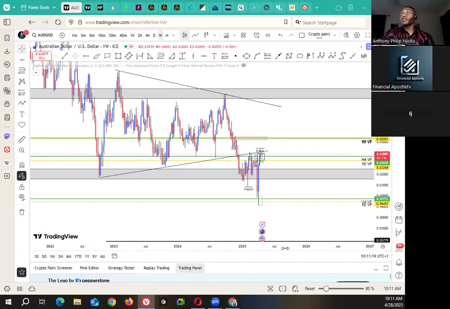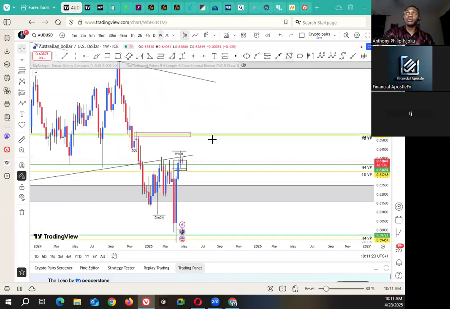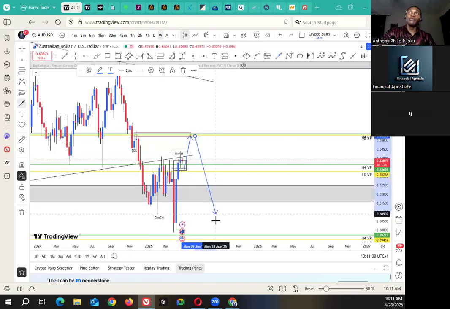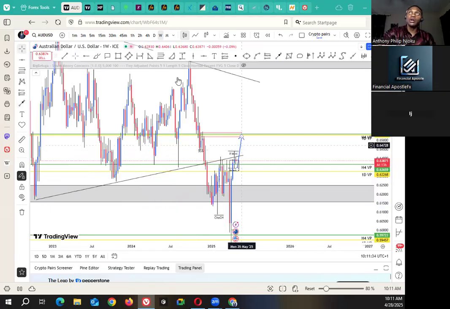So the retest can still be deep. After breaking this low, this retest can be deep to come to this level before we even see another drop for AUD USD. We'll keep that in mind while analyzing this market, because the higher time frame needs to be in sync with the lower time frame.